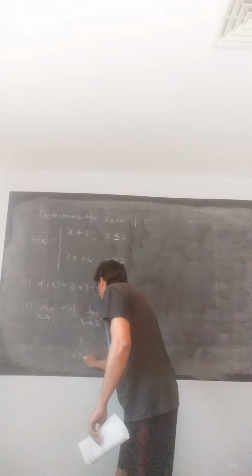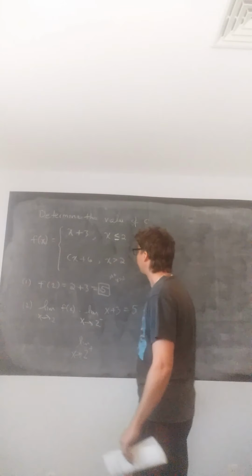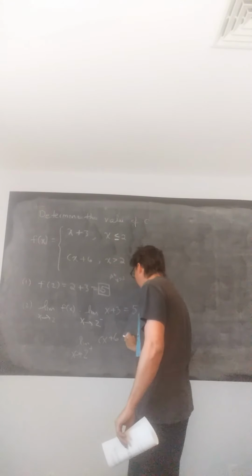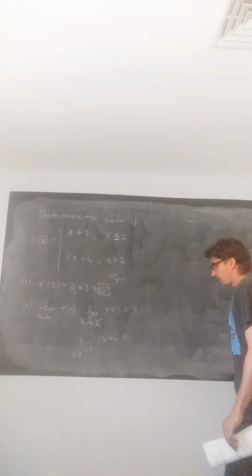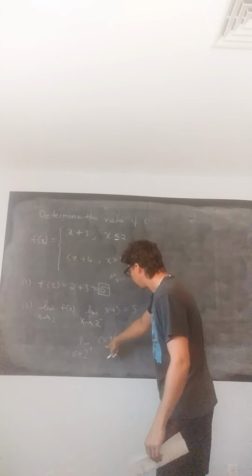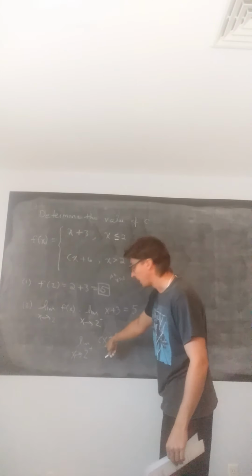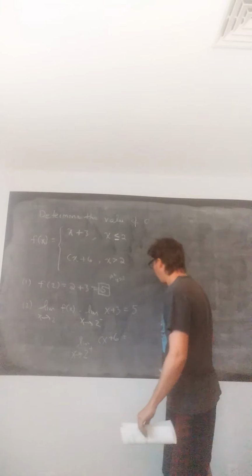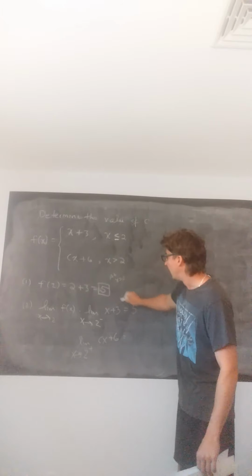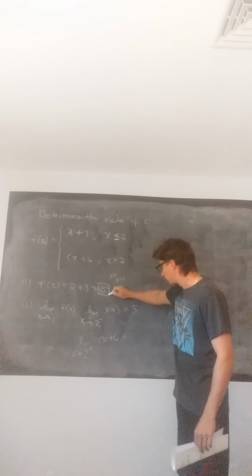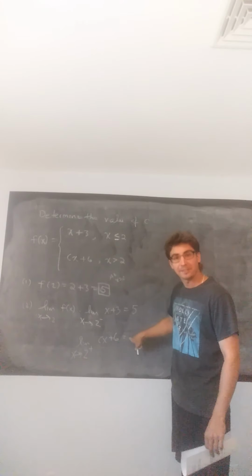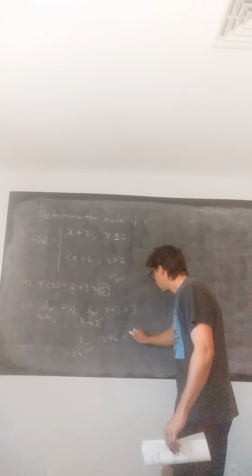So the limit as x approaches 2 from the right-hand side, that's going to be this function here, cx plus 6. Okay? So what is that going to be? Well, if you plug in 2, that's part of the problem. But what does this have to equal? Well, we found out that this is 5, and the function evaluated at 2 is 5. So we've got to get this thing to be 5 so that the limit exists there from the left and the right.